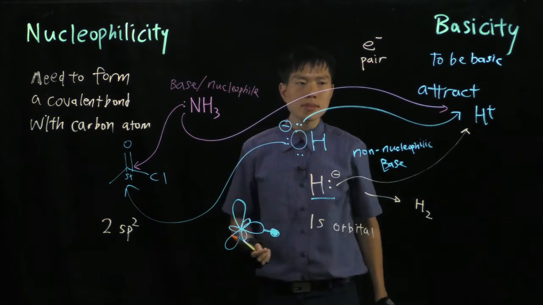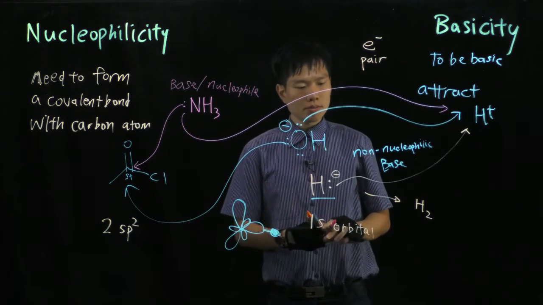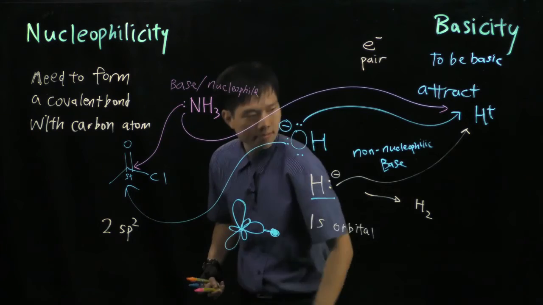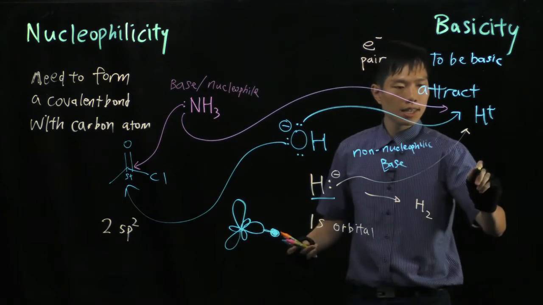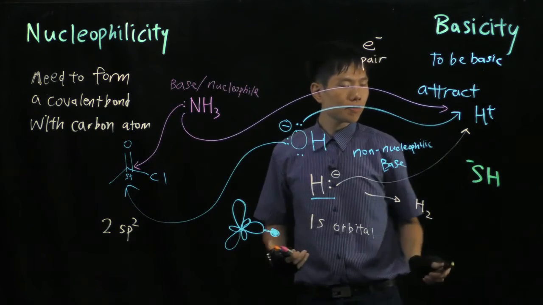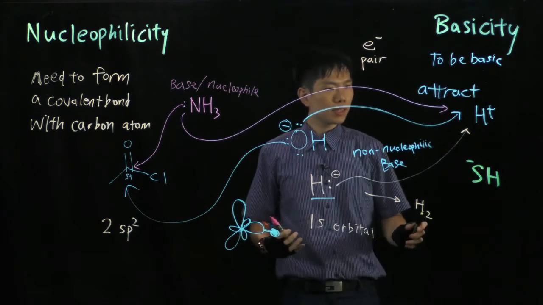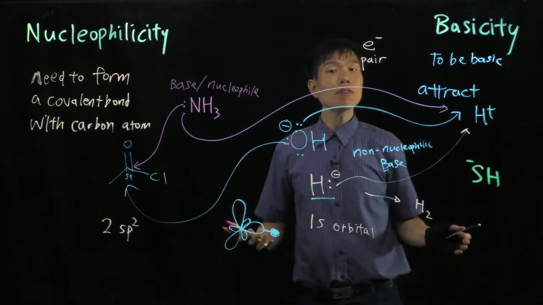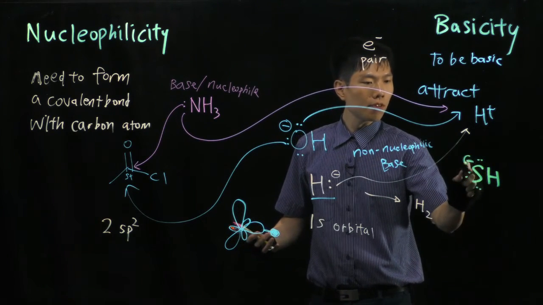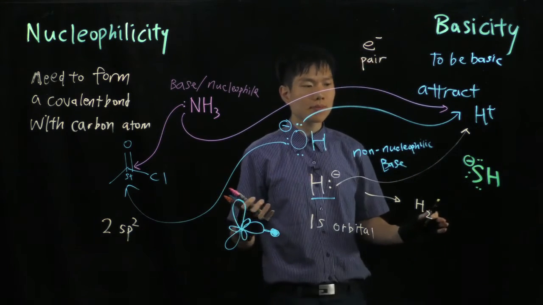Right. Now, if you think about another ion here, let's say SH-, using the same concept, do you think it is better as a base or as a nucleophile? Now the lone pair is on the sulfur, and sulfur comes from period number 3.